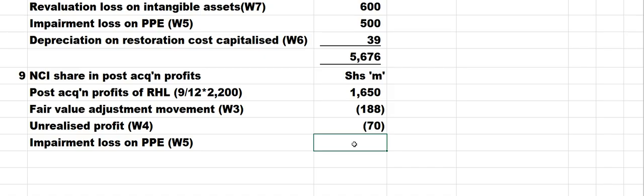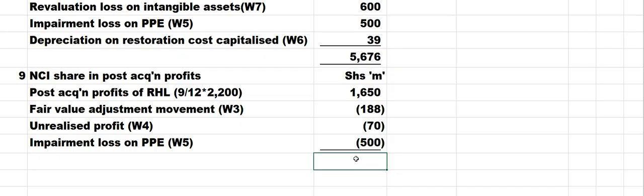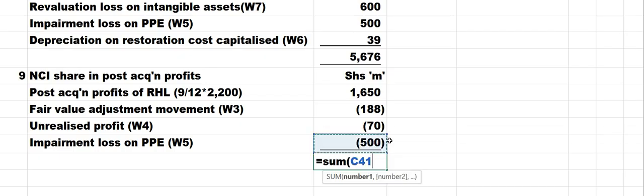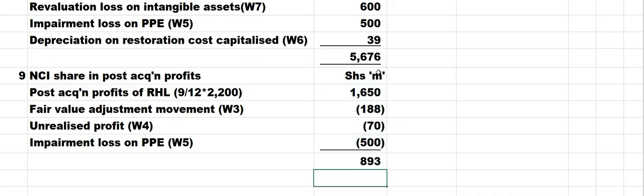That impairment was 500, which reduces the profits. So we have a post acquisition profit figure adjusted, which is 893.